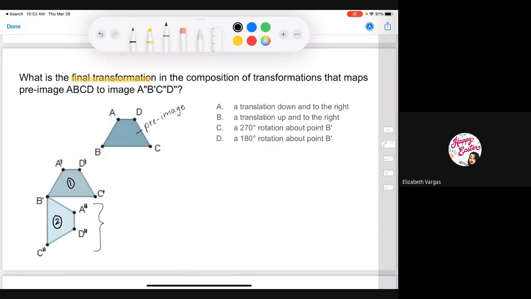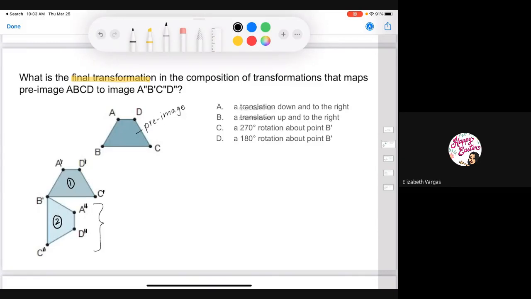And so what we'll see here is that the orientation changes. So we actually do not have a translation, because the orientation changed. The way in which the trapezoid is present is different. Now we want to determine, do we have a rotation? Yes. Do we have a rotation of 270 degrees or 180 degrees?